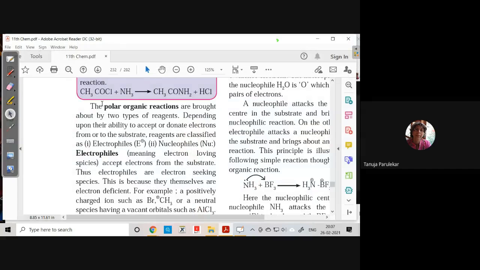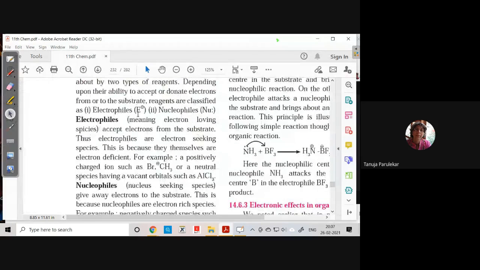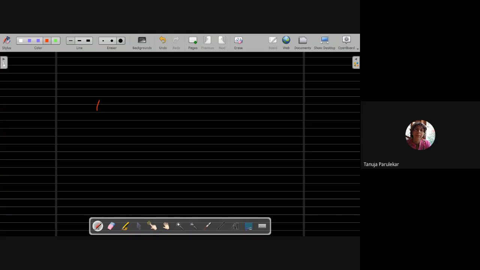So here the reagents are classified as electrophiles, shown as E plus. E plus means it wants electrons, it is seeking electrons.